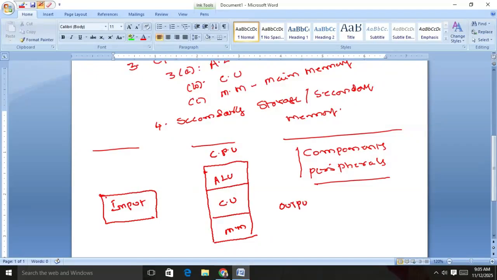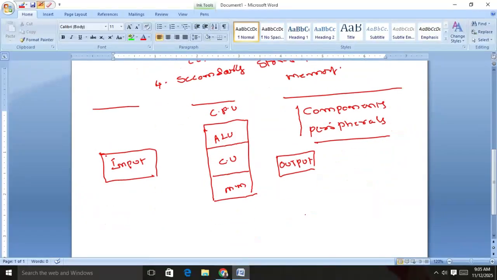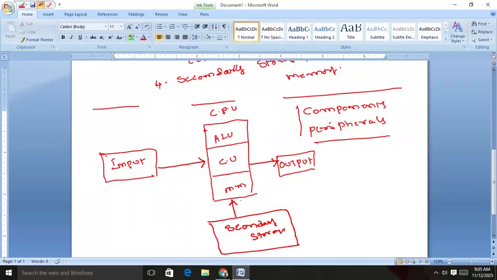This is the output unit. And below this, I am going to draw the secondary storage. So the interconnection between these components is like that. So this is two way.